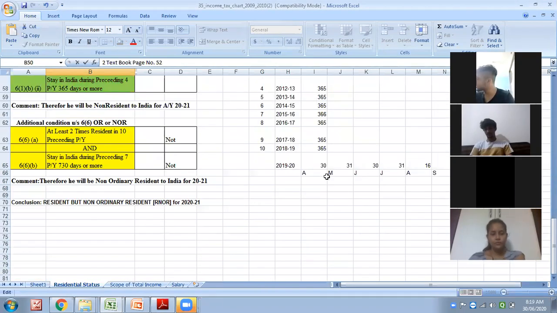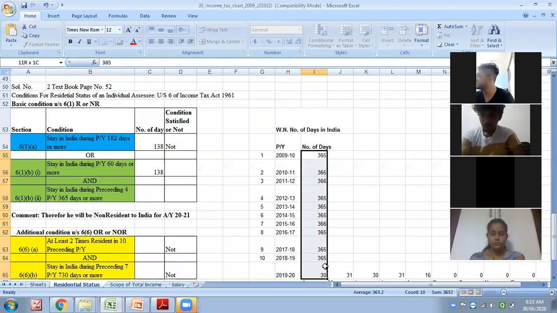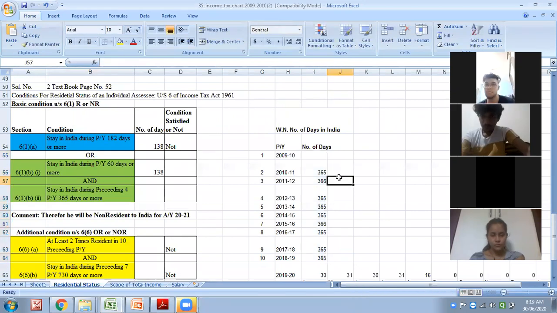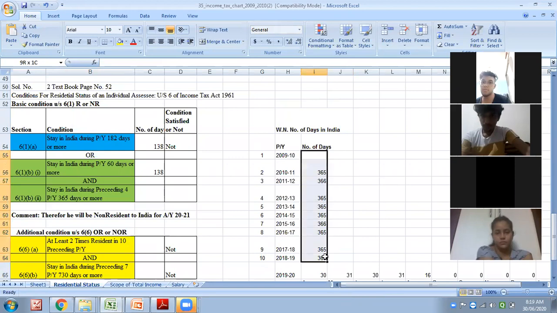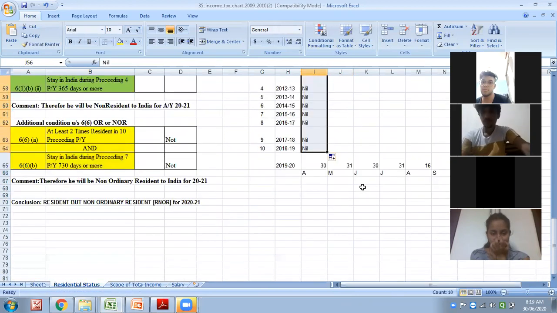Here we have to make it for 1920, the year in which he came to India. Before that, he never came to India. So it was the first time he came to India. Prior to this, for all the remaining 10 years, I have marked nil.